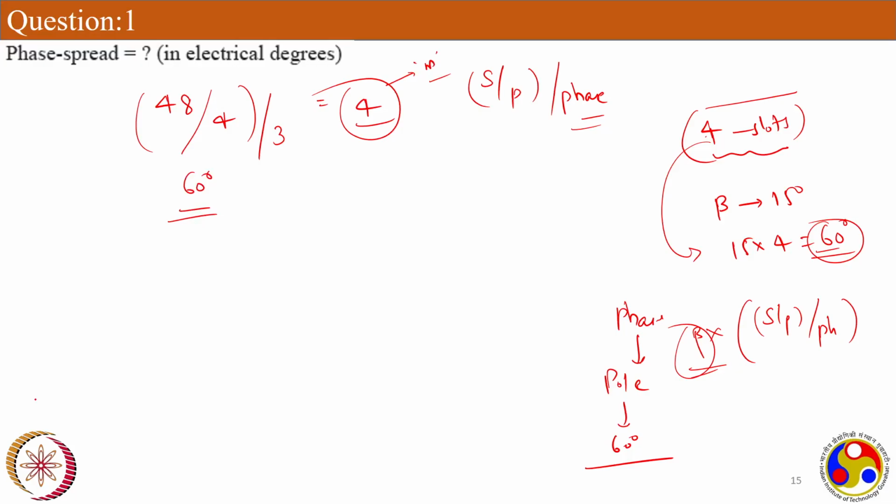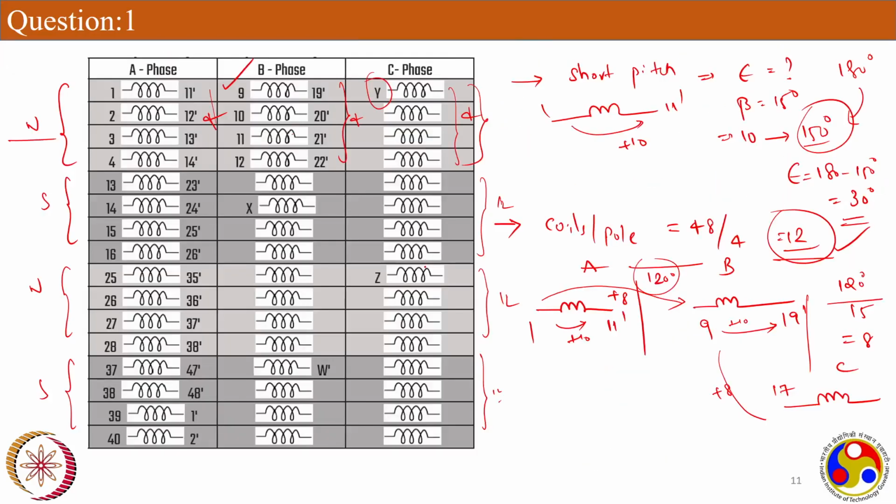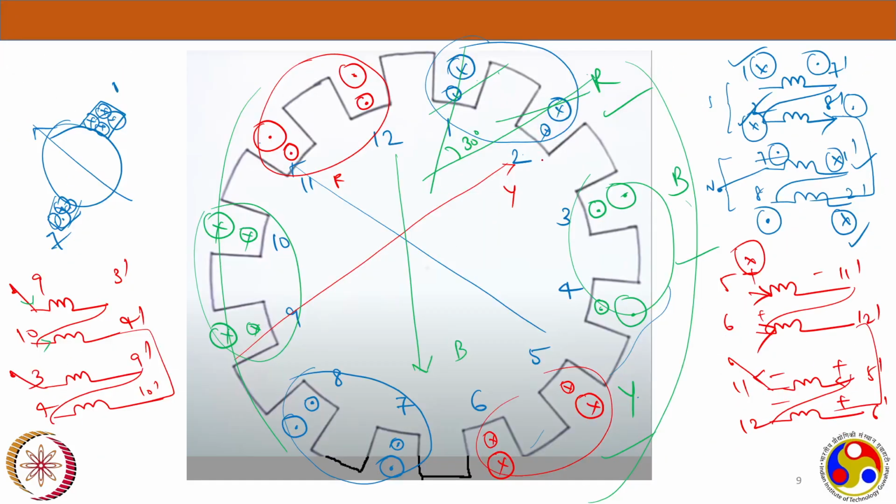If you see the machine which we have seen before, how many slots do we have? We have a total of 12 slots, and it is a 2-pole, 3-phase machine, so slots per pole per phase is 6 and 2, so it's 2, and here beta is 30, right?